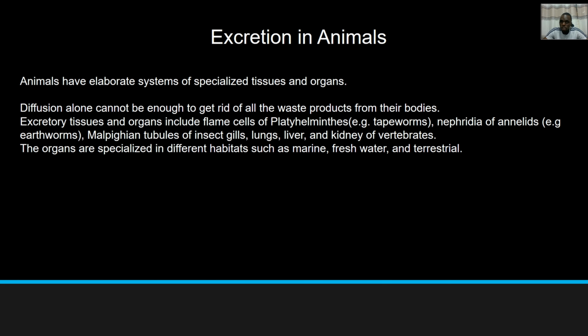So let's look at excretion in animals. For this case, we talk about multicellular organisms, which include human beings, the vertebrates. We look at the mammals, reptiles, amphibians, the fish, etc. Animals have elaborate systems of specialized tissues and organs.